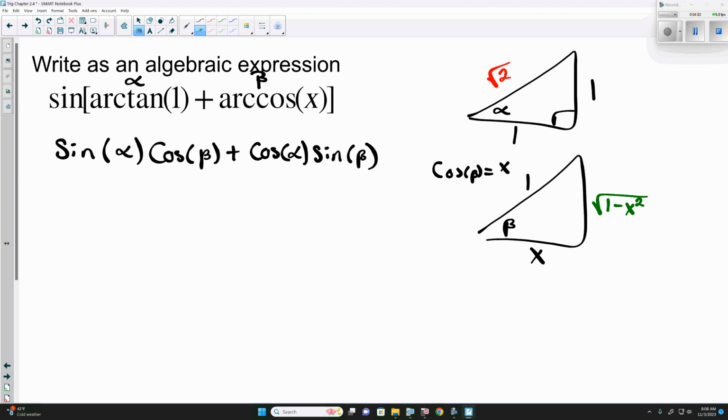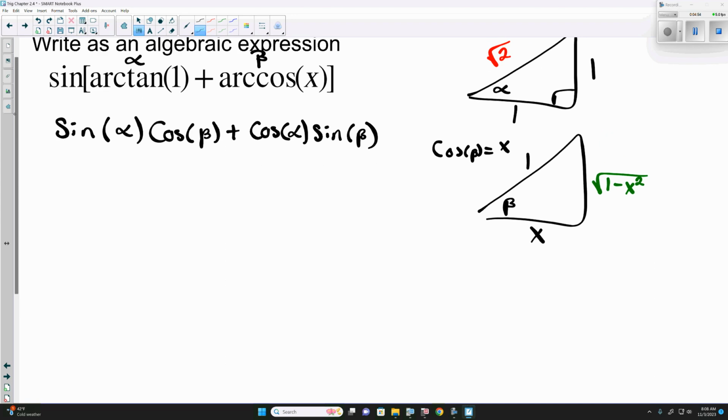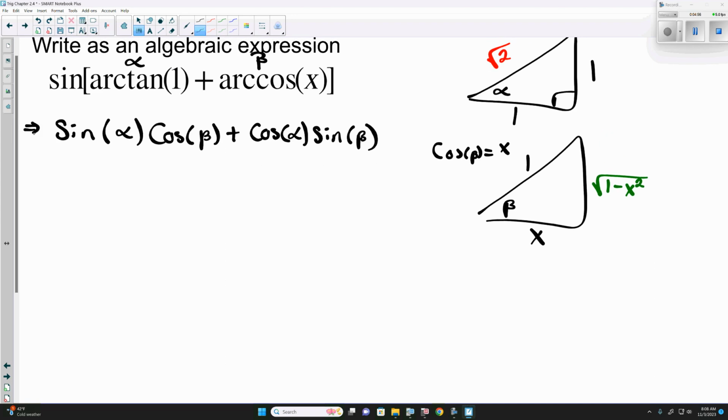Now at this point, we can solve the rest of this here, because this whole statement, sine of alpha times cosine of beta plus cosine alpha sine of beta, is just straight formula. Now, sine of alpha, we have our triangle over here. Opposite over the hypotenuse would be 1 over square root 2. Cosine of beta, x over 1, or just x.